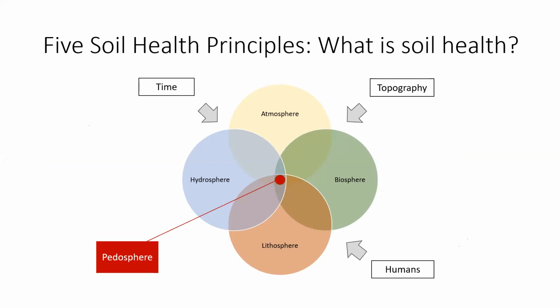Great. So I want to bring back this image where we're talking about soil health, and we're going to go to the 5 soil health principles. What is really important to understand again is that soil health is not necessarily only the presence of the 4 components, water, gases, temperature, living organisms, and mineral soil. It is more importantly the balance between those components that leads to health in the soil.